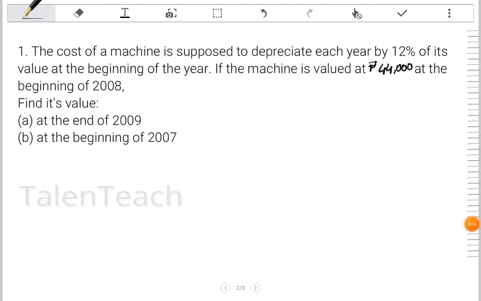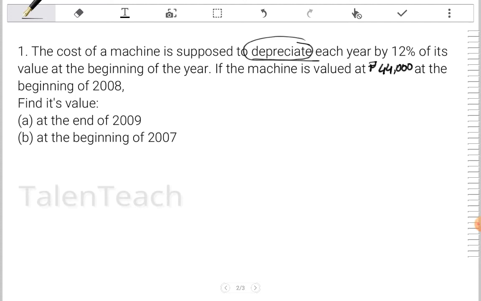Let's discuss some questions related to growth and depreciation. So here the cost of a machine is supposed to depreciate every year by 12%. So here it is depreciation. Depreciate each year by 12% of its value at the beginning of the year.